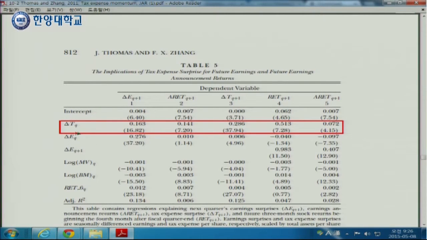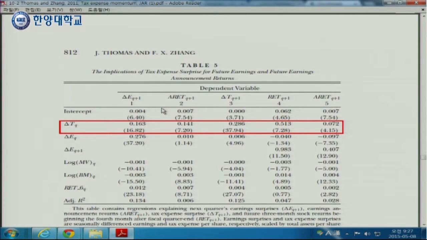So this one explains this amount, and this one explains this amount. If we didn't include this one over here, and ran the regression with only this one, then the relationship between this one and this one may include part of this part. But since we include both variables in the regression, the coefficient for delta T is the delta T effect only, at least the effect orthogonal to the earnings surprise effect.